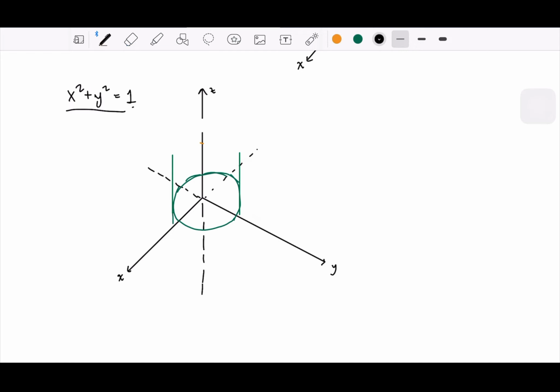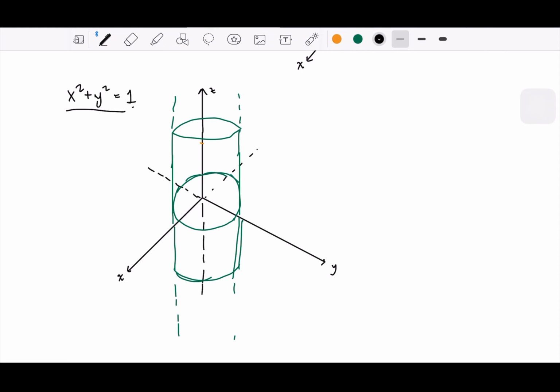Okay, so this is x squared plus y squared equal 1, and it's still continuously infinite in the z-axis.